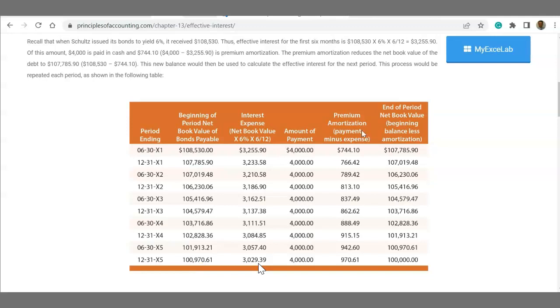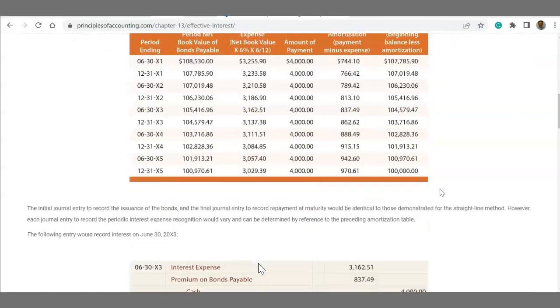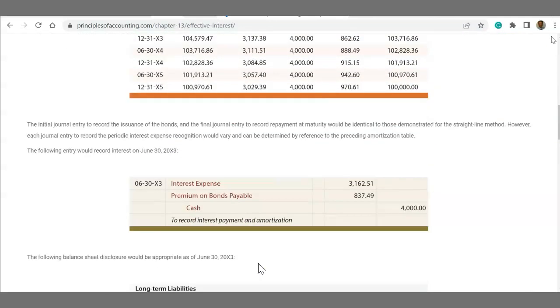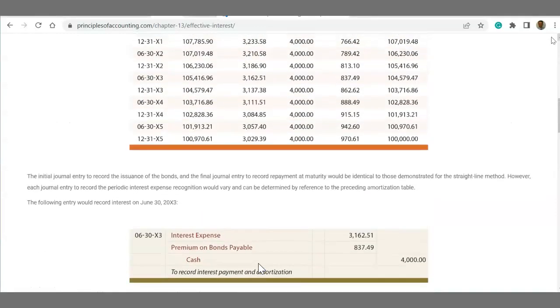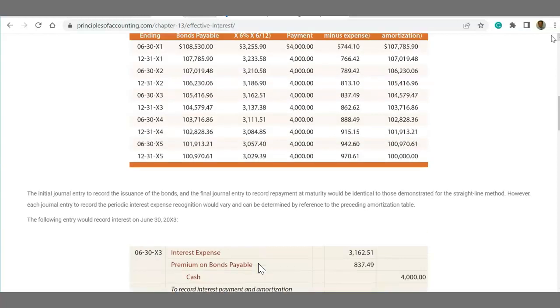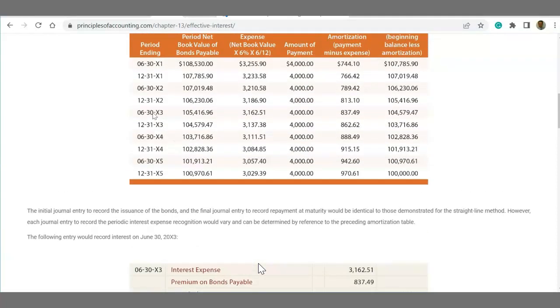And then using this schedule, you can provide the journal entries at the end of each period. So in this period, let's say 2003, the middle of the third year, my interest expense should be only 3,162.51.